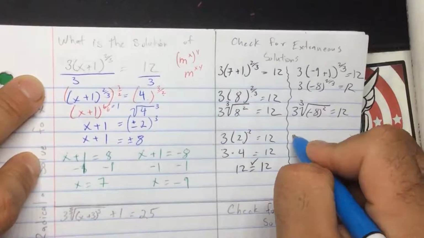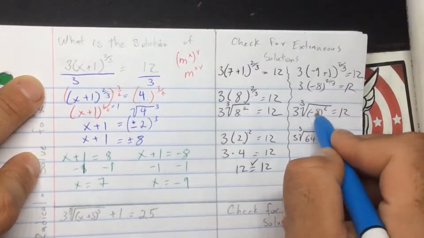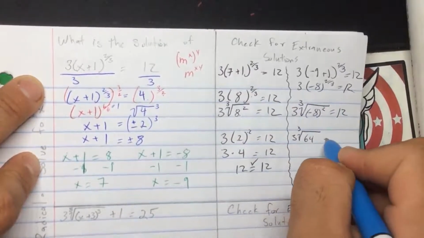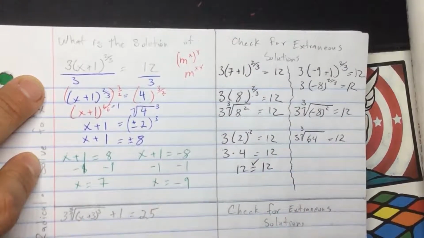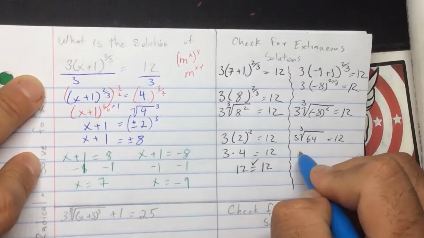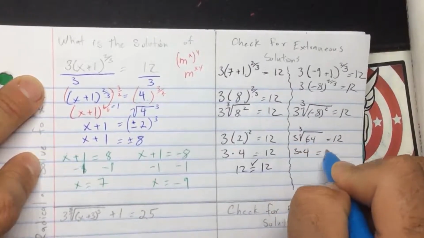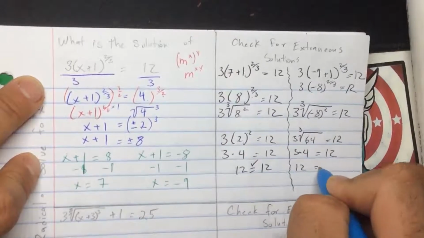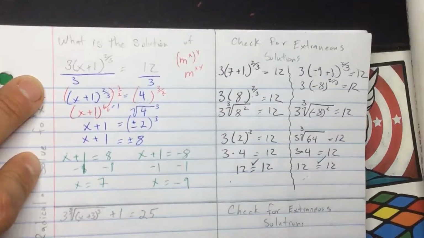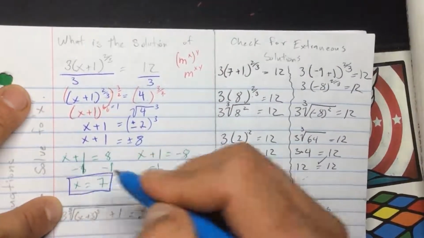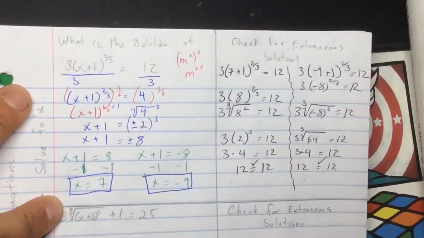So we're going to have 3 times the cube root of 64, because negative 8 squared is 64, equal to 12. The cube root of 64, according to our cheat sheet on 6.1, is indeed 4. So we have 3 times 4 equal 12, and 3 times 4 once again is indeed 12. So on this one we have two solutions because they both check out. Our two solutions are x equals 7 and x equals negative 9.